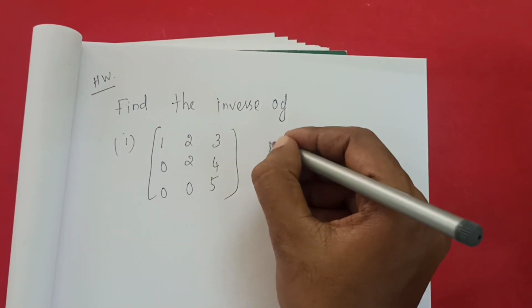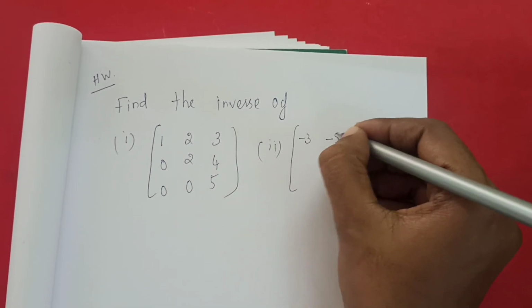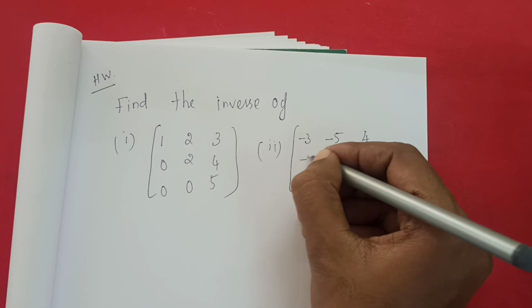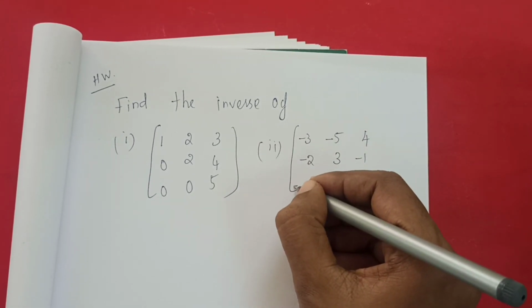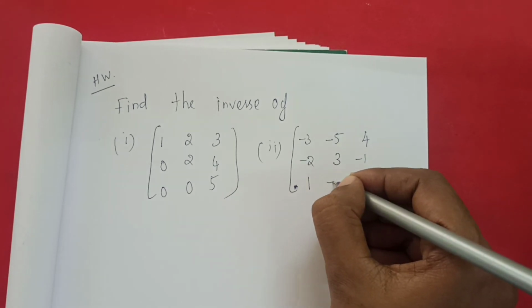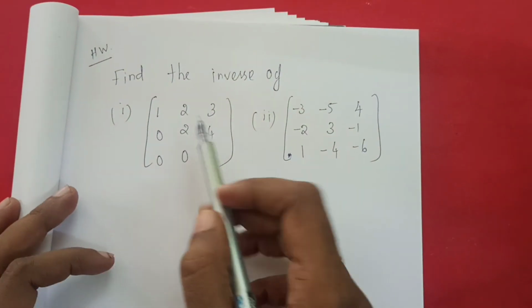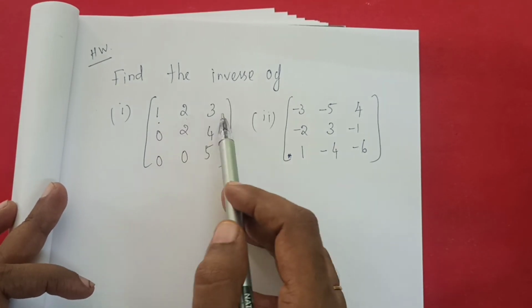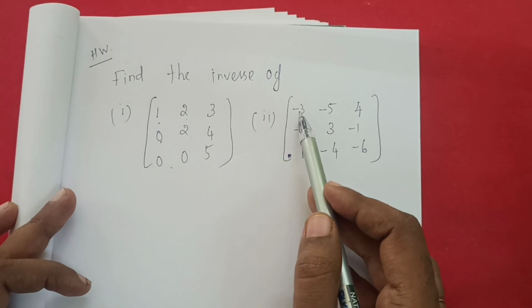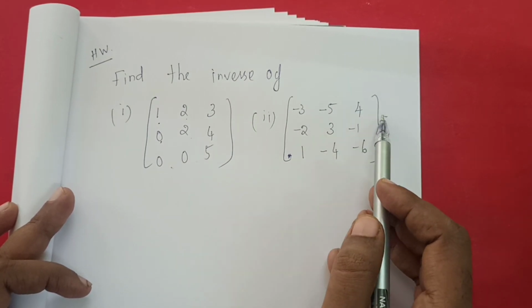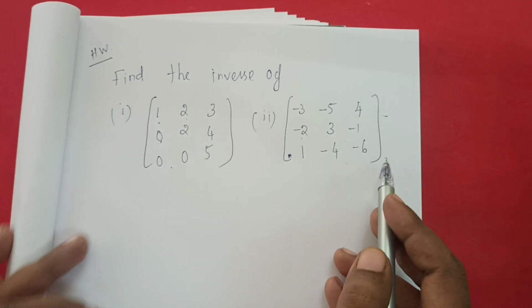We have that same model. Then second one minus 3, minus 5, 4, minus 2, 3, minus 1, then next one 1, minus 4, minus 6. Take it. Find the inverse of these problems.